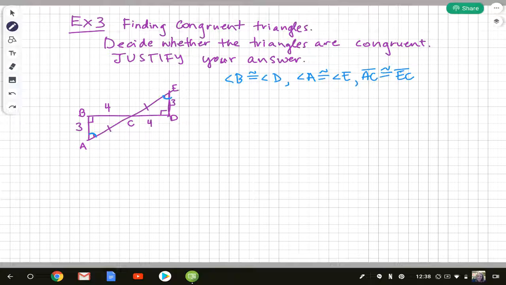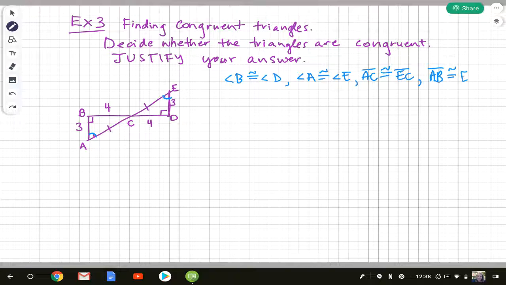That's just the line through each side, means those are congruent. And then they told me that the measure of side AB is the same as the measure of side ED. Those are both 3, so there's another side. AB is congruent to ED.